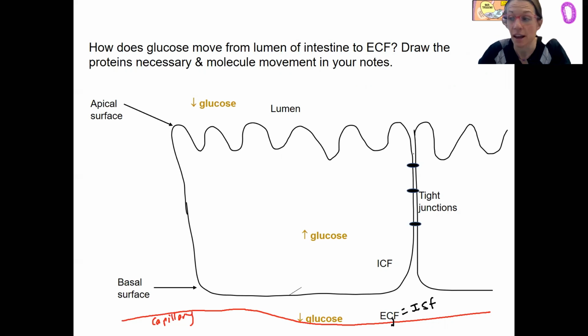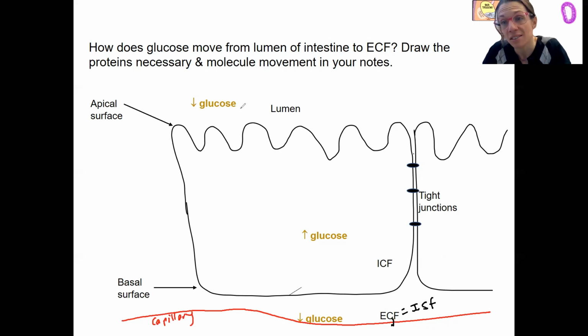Okay, the anatomy here you've seen, right? Apical surface, basal or basolateral surface, tight junctions between epithelial cells, so we cannot move this way. We've got to go through the cell. There is high glucose inside the cell, lower glucose in the lumen.